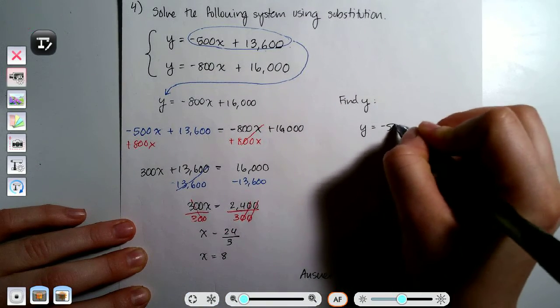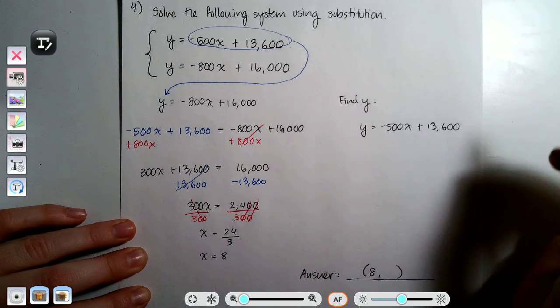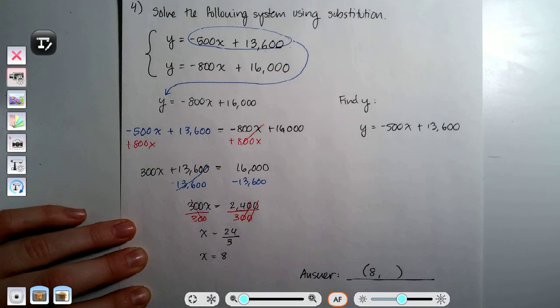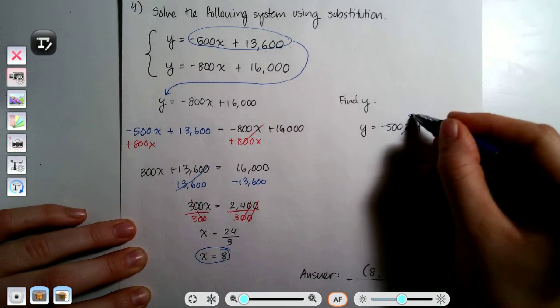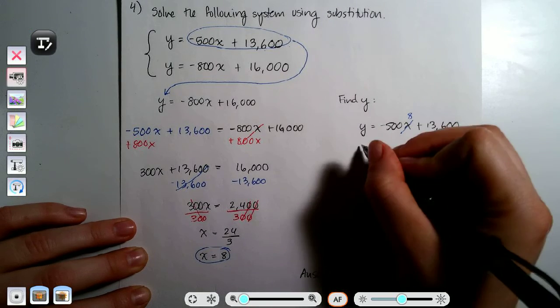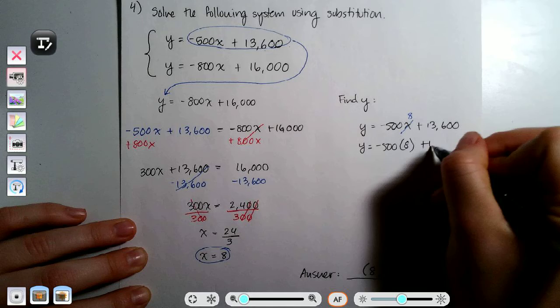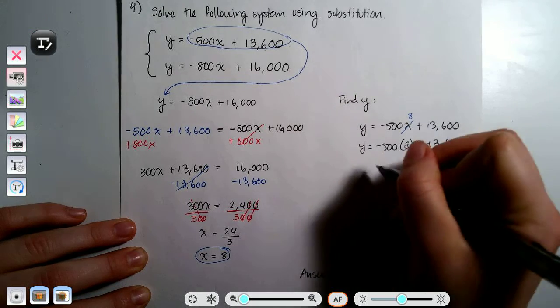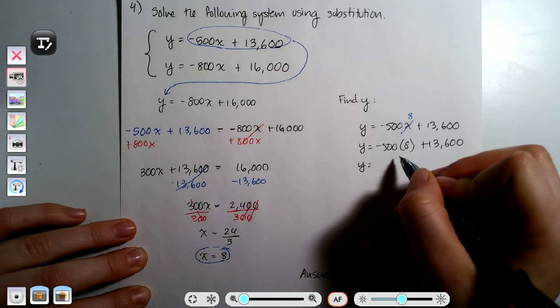y equals negative 500x plus 13,600. So substituting x equals 8 into our equation, we have y equals negative 500 times 8 plus 13,600. What's that going to be? Well, 8 times 5 is going to be 40.